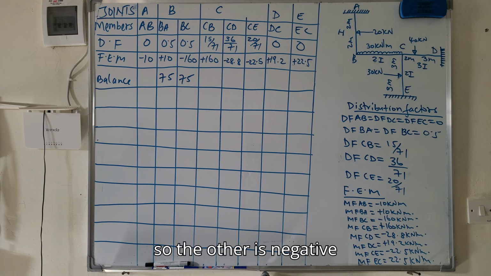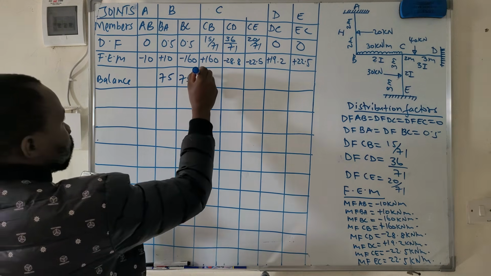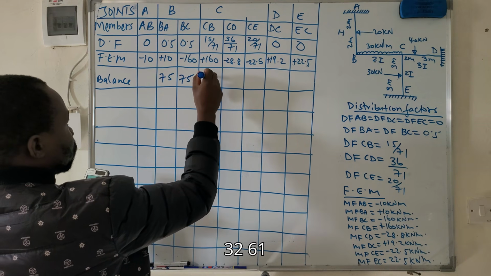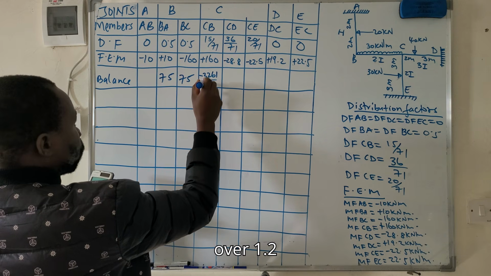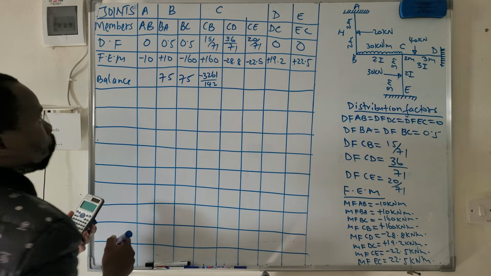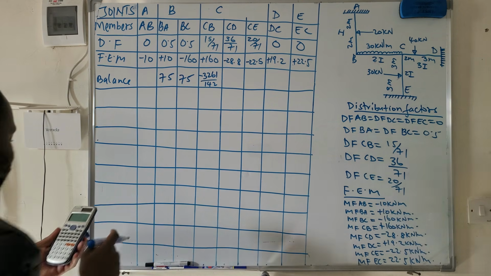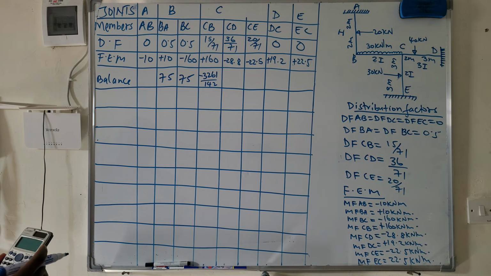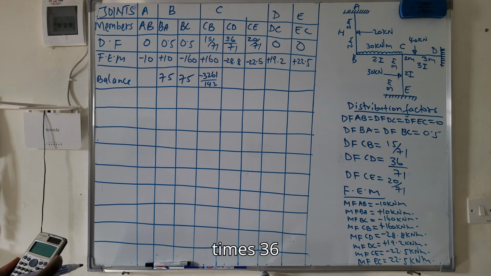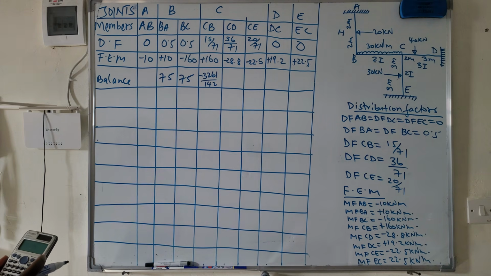So the answer is negative 32.61 over 142. We proceed to this one. We take negative 108.7 times 36 over 71.